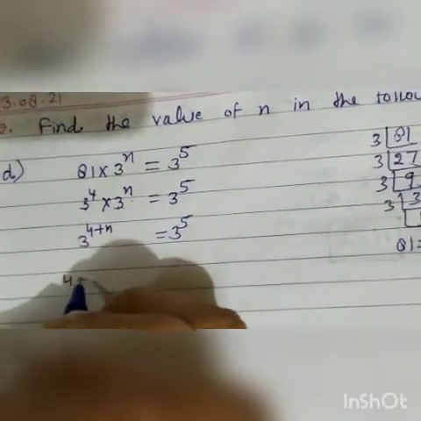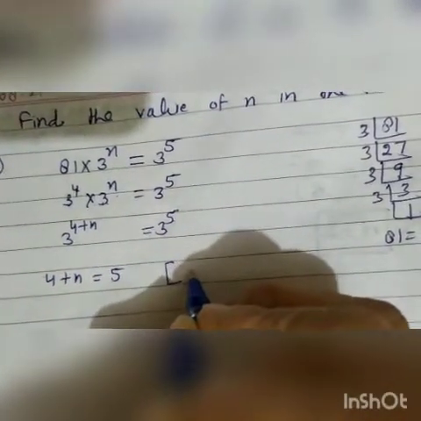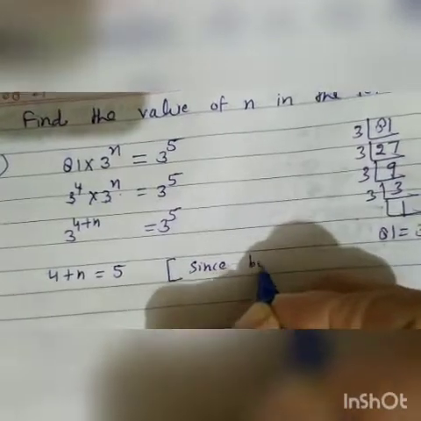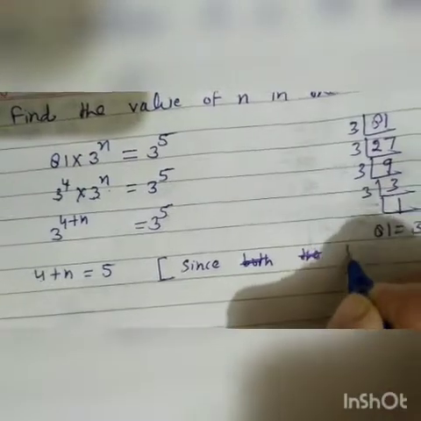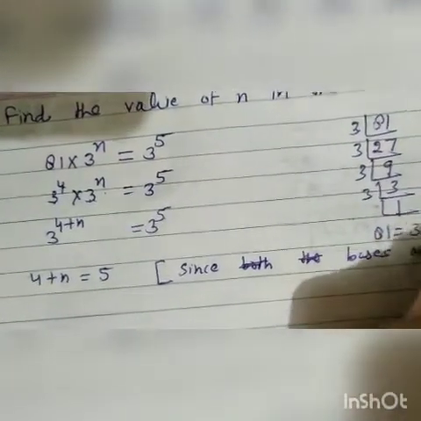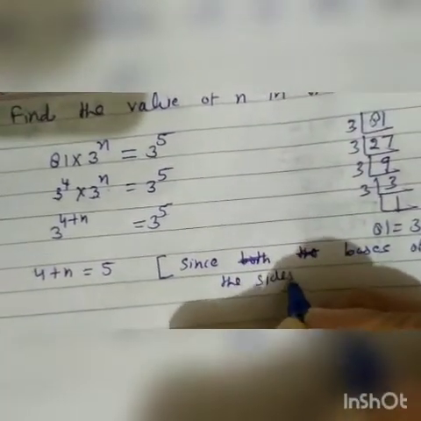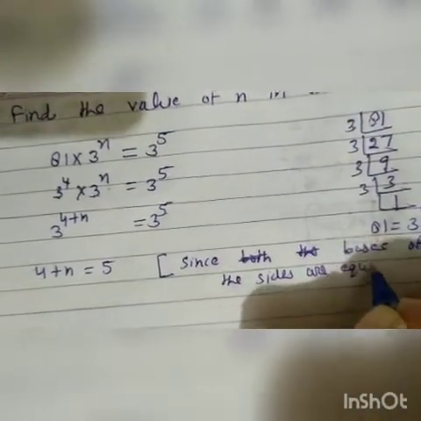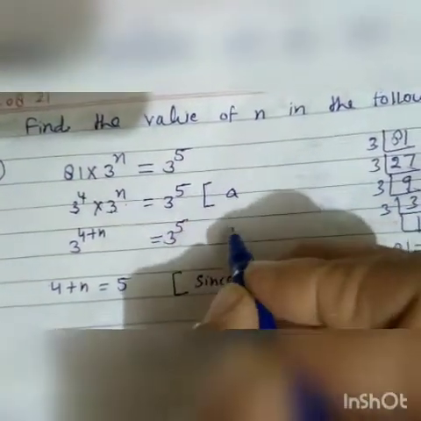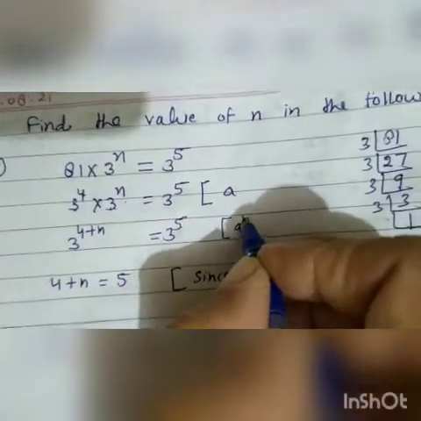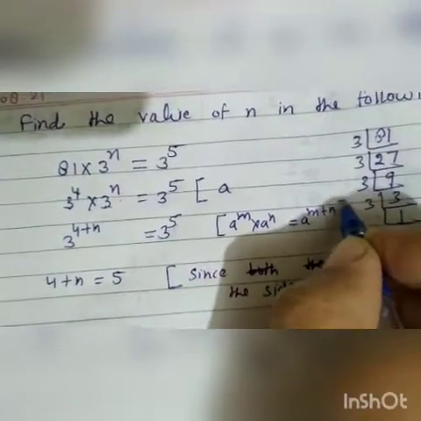So we will write here 4 plus n is equal 5, and we will write here, since bases of both the sides are equal, and here we will write the law: a power m into a power n is equal a power m plus n.